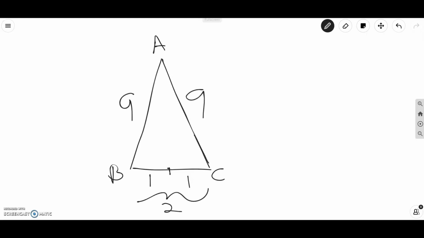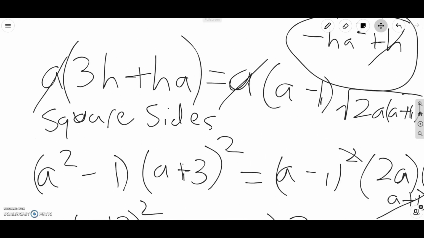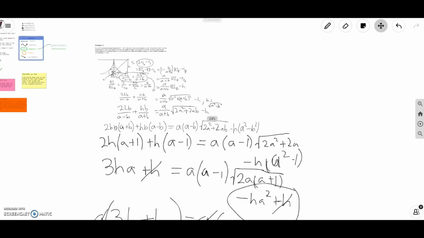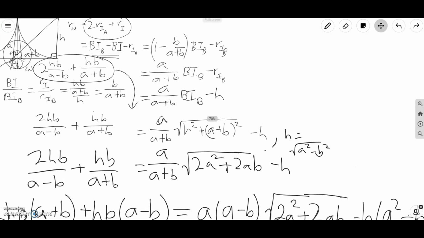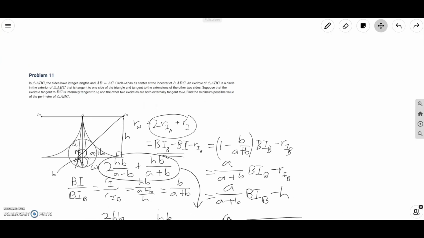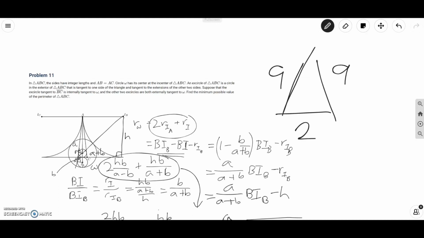And these are 9. And remember, the original problem statement, if we go all the way back up, asks for the side lengths to have integer length. So let's think about it. If we have a triangle with side lengths 9, 9, and 2, can we divide this by some other integer so that the side lengths still stay integers?